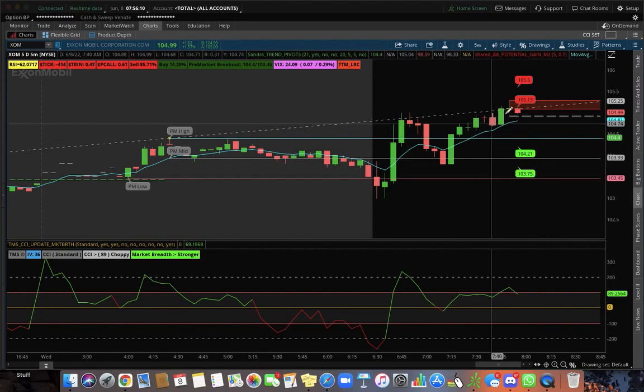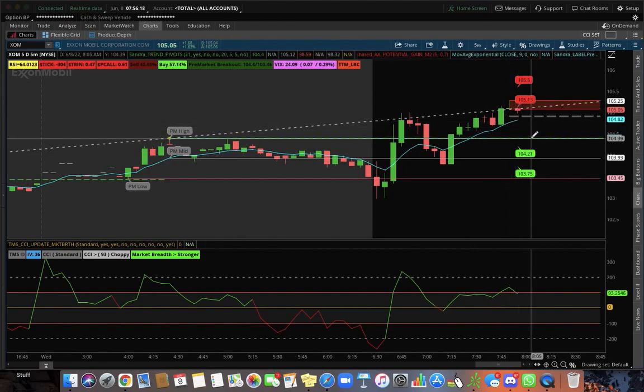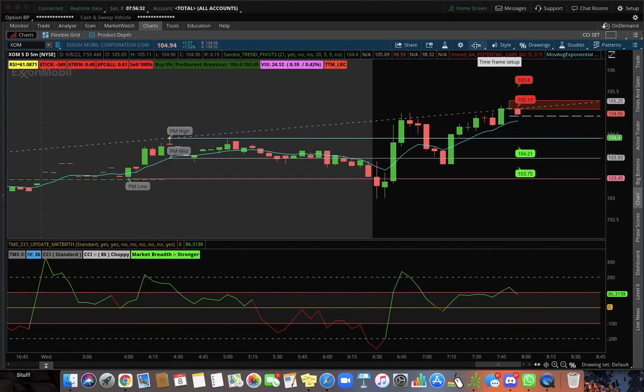As this is uptrending, the first line of defense right here is your 9 EMA. The second is this pre-market high. Then you've got the mid and the low, and you go from there. Those are nice directions for you as well, if you're looking for something like that.